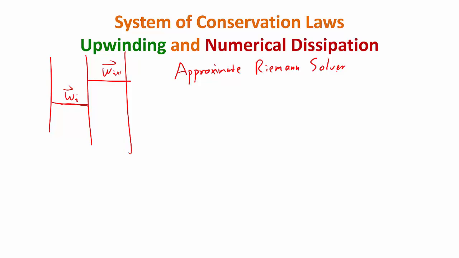Okay, the idea is from the fact that an entropy satisfying solution is the extreme case of a solution to a viscous differential equation, or a differential equation with dissipation, as the dissipation goes to 0. So when we are solving this equation, why don't we add some numerical dissipation to the system?